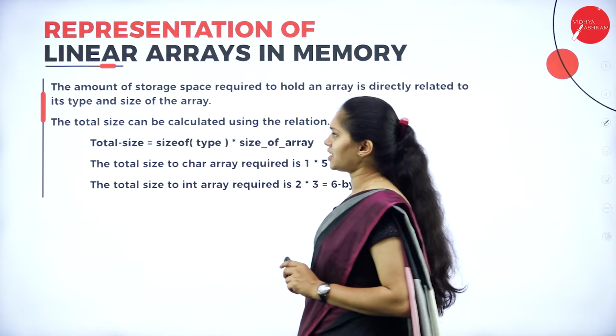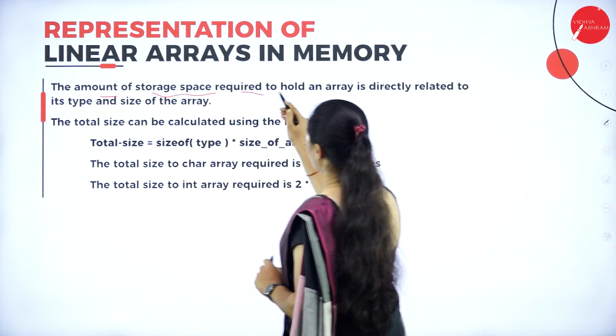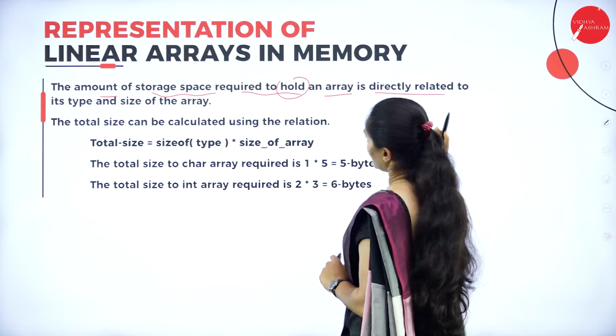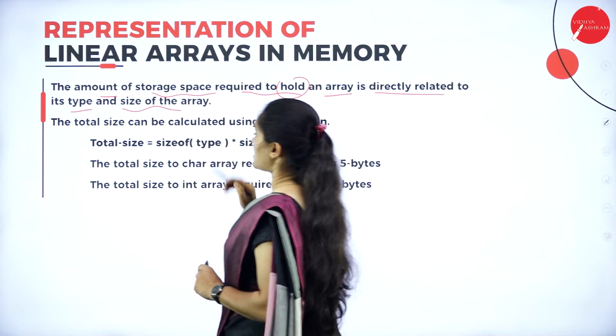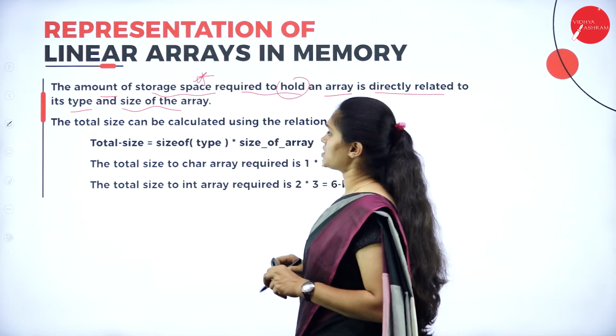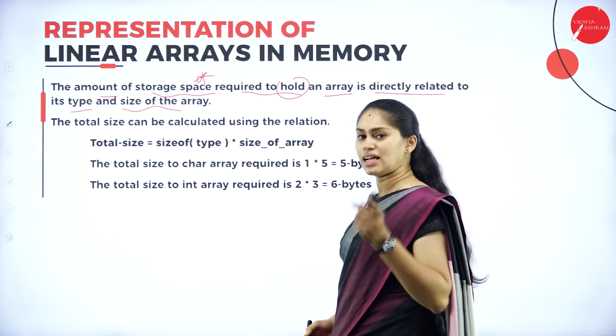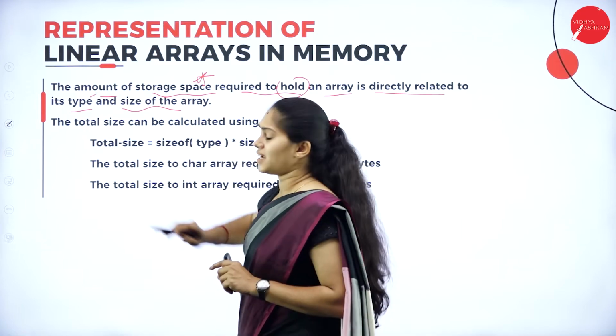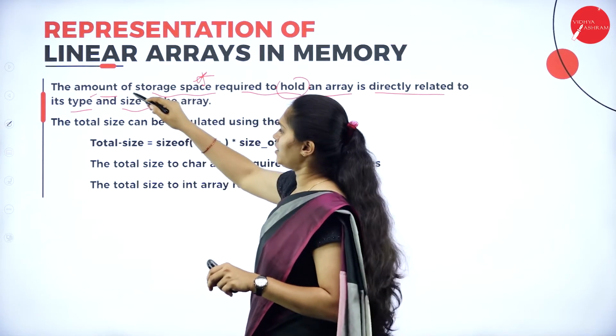So here you can see that the amount of storage space required to hold an array is directly related to its type and the size of the array. The storage space required to store the elements is directly proportional to the data type we are taking and the size.